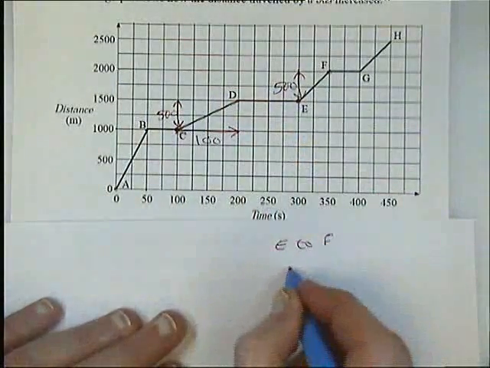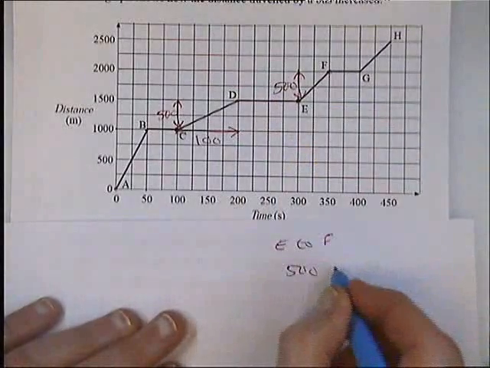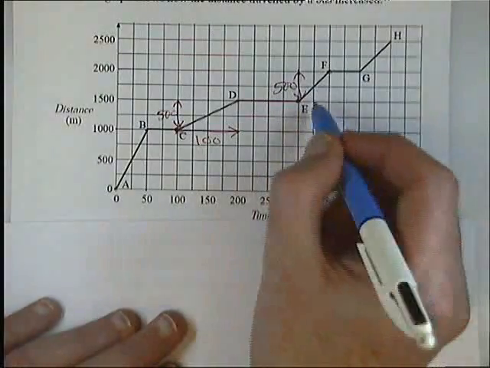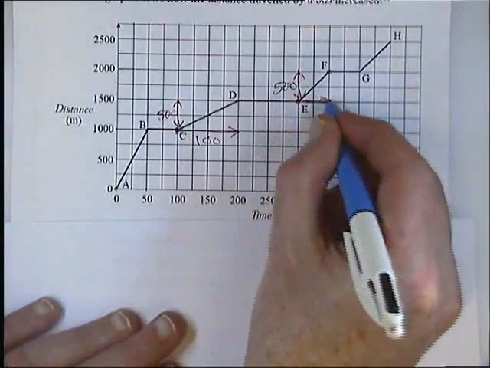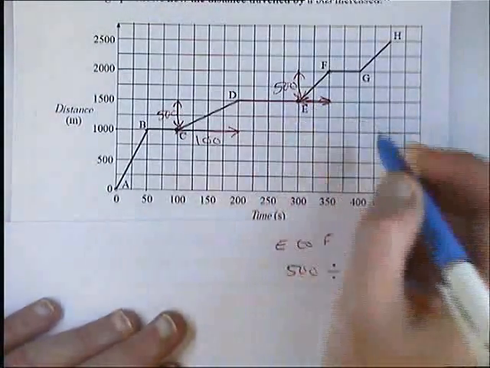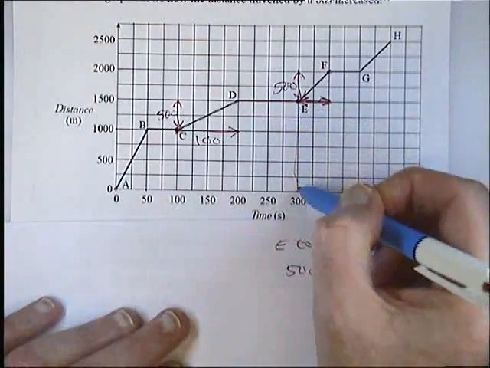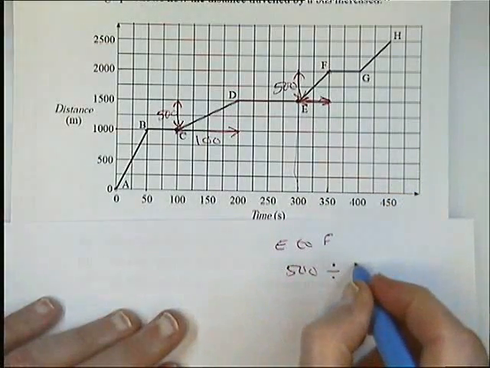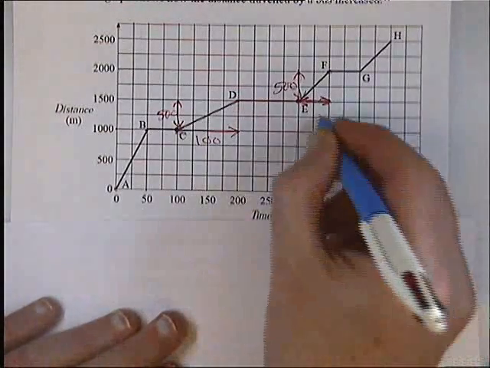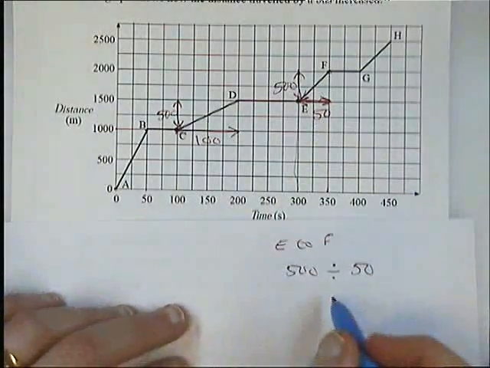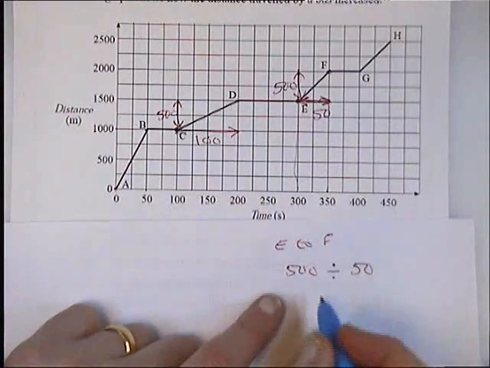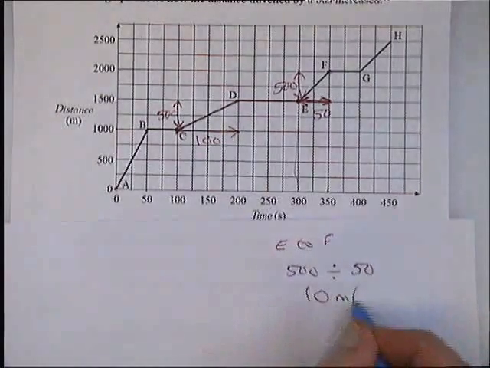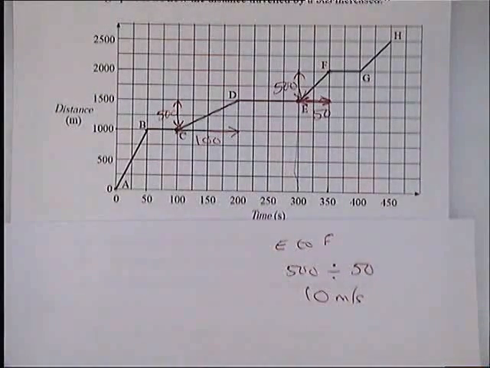So that's my distance number. And I have to divide that by my time number. Time goes along here. So I'm looking to see what that amount of time is there. Well, that's from 300 to 350. 300 to 350, that is 50. So my speed here will be the answer to this sum. That is 10, and that again will be in metres per second.